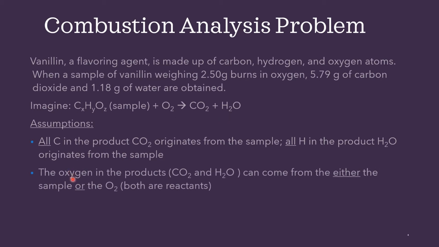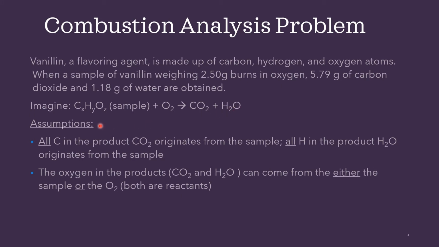Let's consider oxygen now. The oxygen in the products can come from either the sample or the oxygen gas in which the sample was burned. In other words, we have oxygen in our sample, we have it in the oxygen gas, and we have it in both of our products.